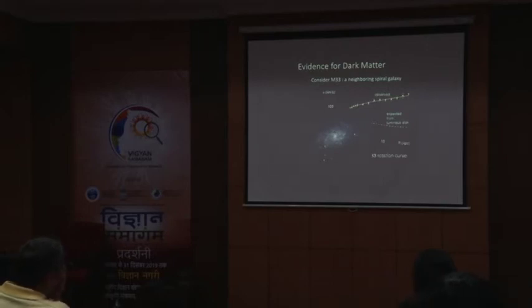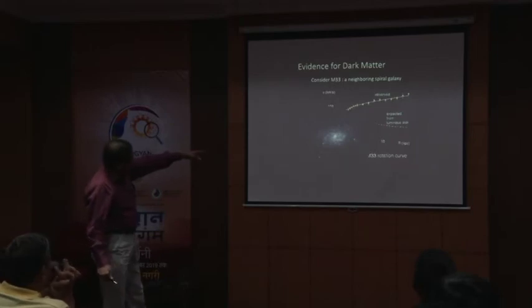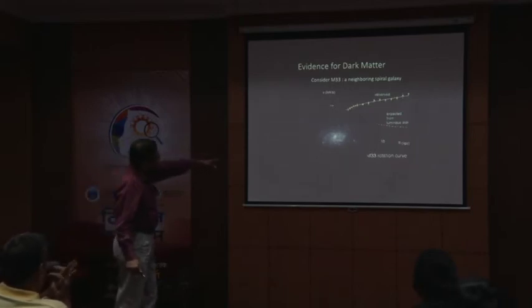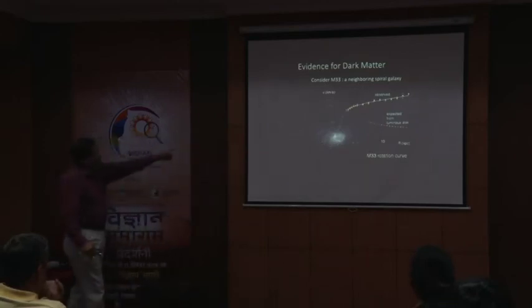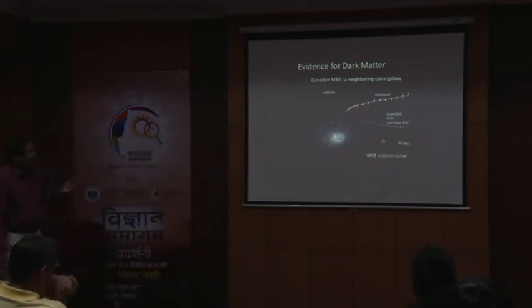You know from Newtonian mechanics that if the mass is only the luminous mass that you can see here, you should be getting that curve. But in practice you get the other one, and that is indicative that there is some mass which you cannot see, but gravity is somehow taking it into consideration.